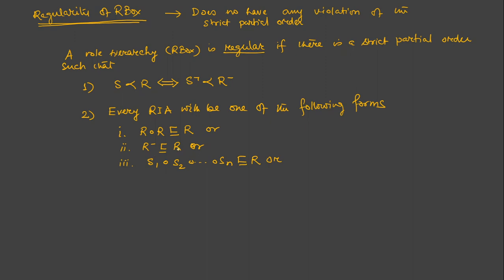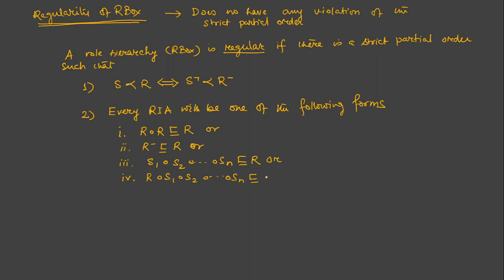Or you can make use of R in the left hand side in the composition, but it will be restricted by the position of the start or the end, right? Either it can appear at the start or at the end, but not in any arbitrary position apart from start and end. So the fourth form is R compose S1, compose S2, then you have say compose Sn.